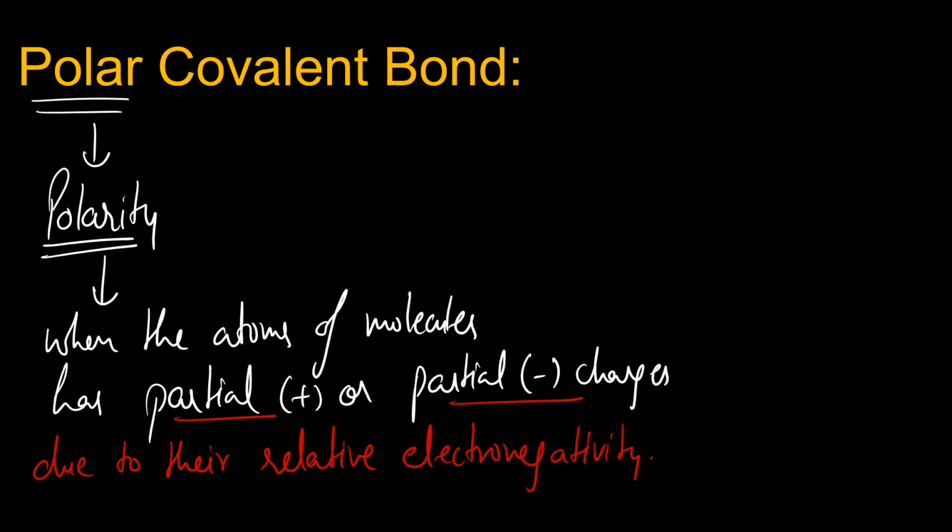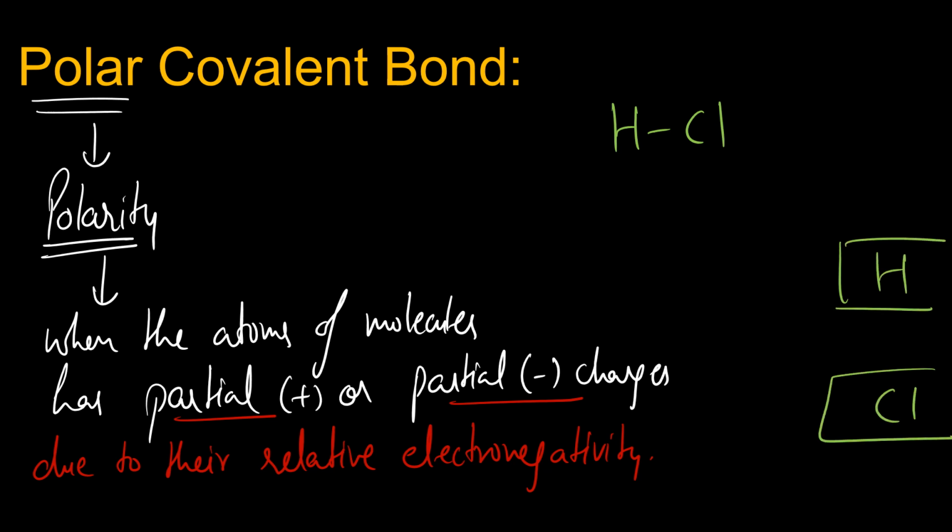Now let's see how it comes when we check the same example that we have done earlier. If you check the periodic table, you may see hydrogen has electronegativity 2.2 while chlorine has electronegativity 3.2. On comparing these two values, you may see chlorine has more electronegativity.